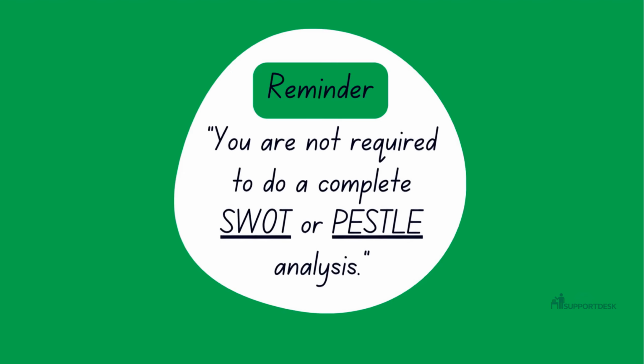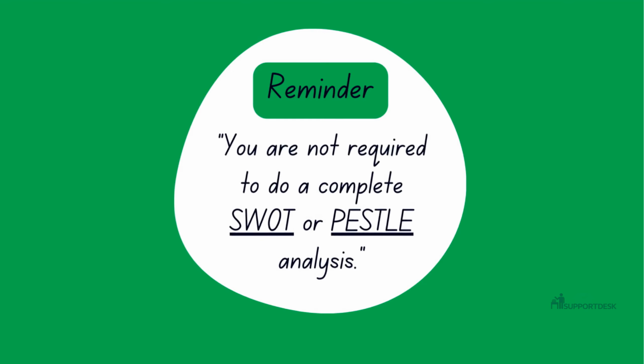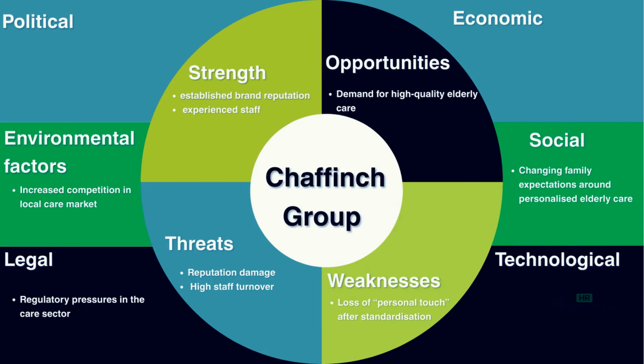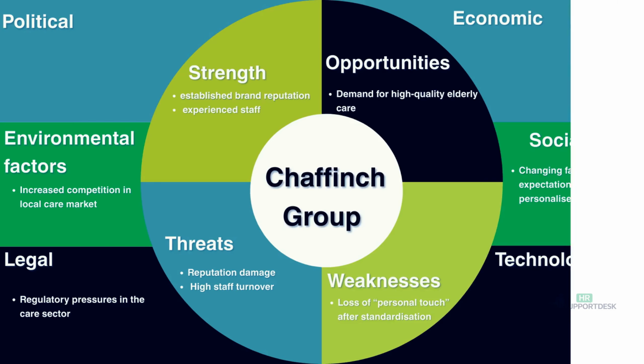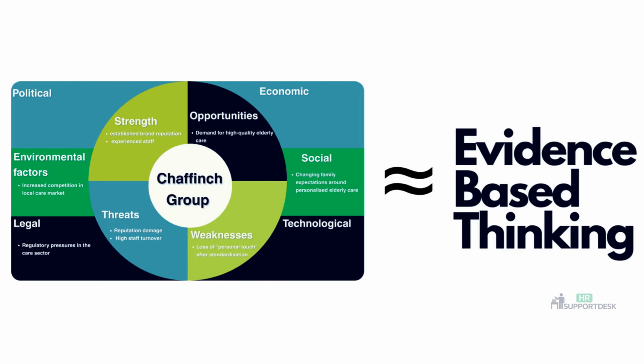However, it is important to note that this question does not require you to present an entire SWOT or PESTLE analysis of the Chaffinch Group. Simply understanding the Chaffinch Group's environment will help you take your first step in analyzing the main principle of the rational approach, evidence-based thinking. It helps you draw your argument from the evidence while explaining how the organization can better align its strategy to ensure its services meet customers' needs.